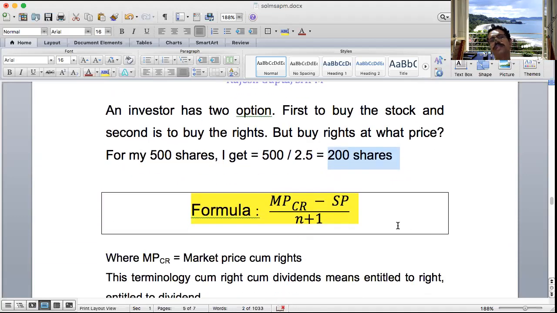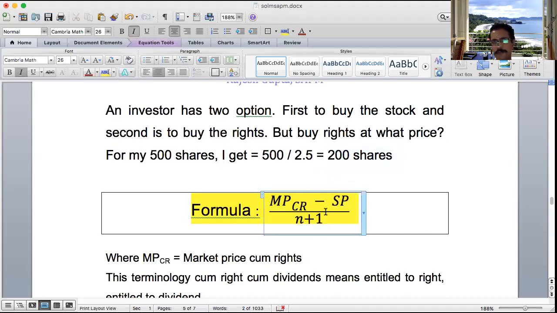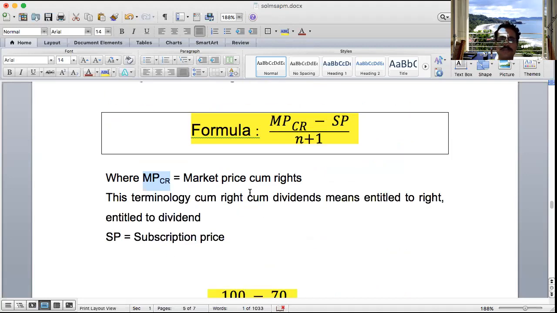So the formula to calculate the fair value is (MP subscript CR minus SP) upon (N plus 1). What is MP subscript CR? It is the market price cum rights. This is a terminology we have used earlier also, say market price cum dividends, which means the market price includes your entitlement to get that dividend or rights issue, right?